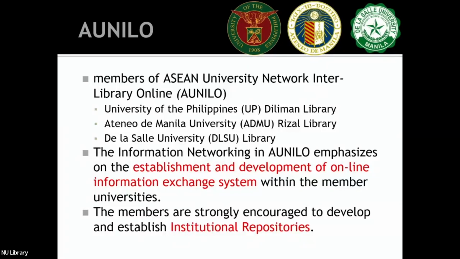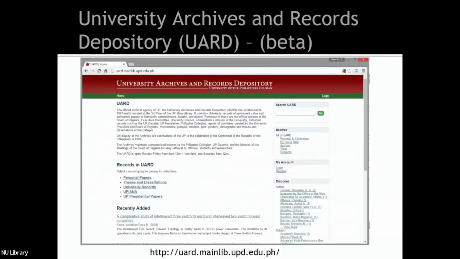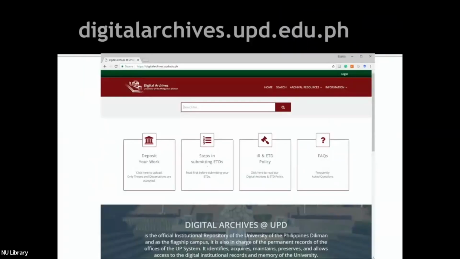Now, the pioneers for repositories are the members of AUNILO, the Asian University Network Library Online. UP Diliman started with a beta version, and they ended up using this one, digital archives at upd.edu.ph.